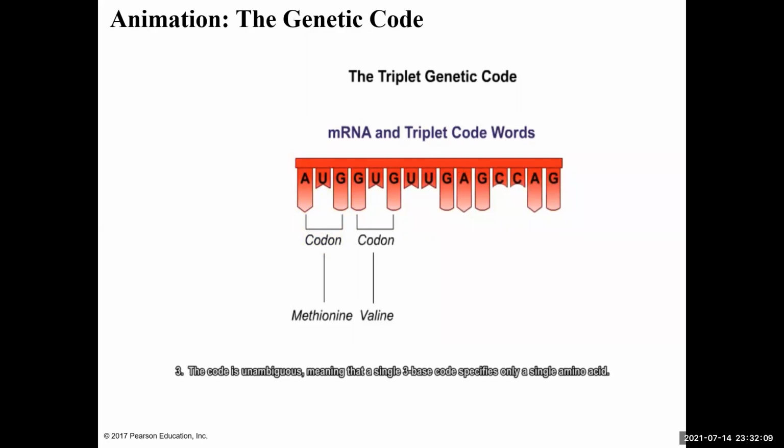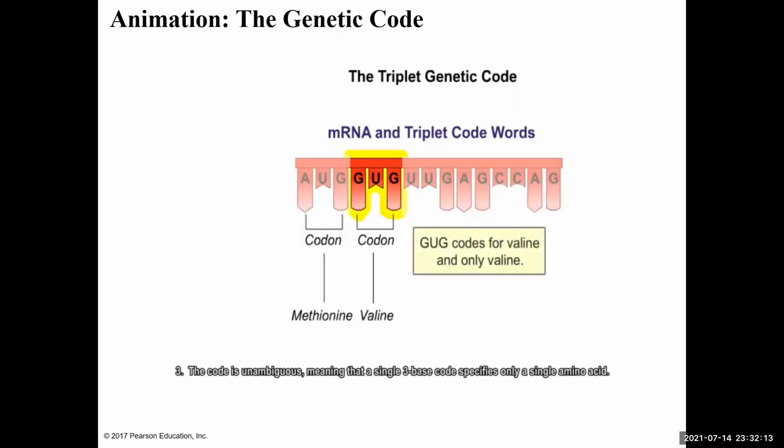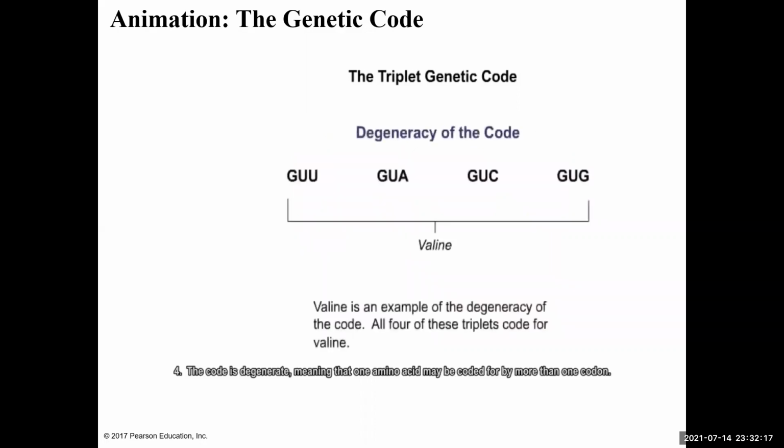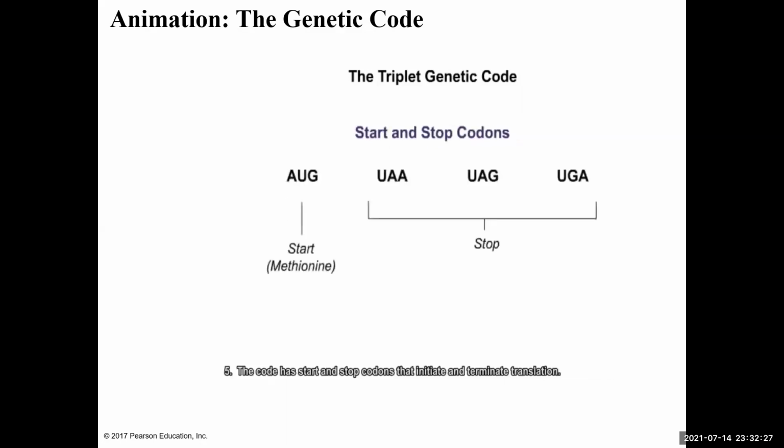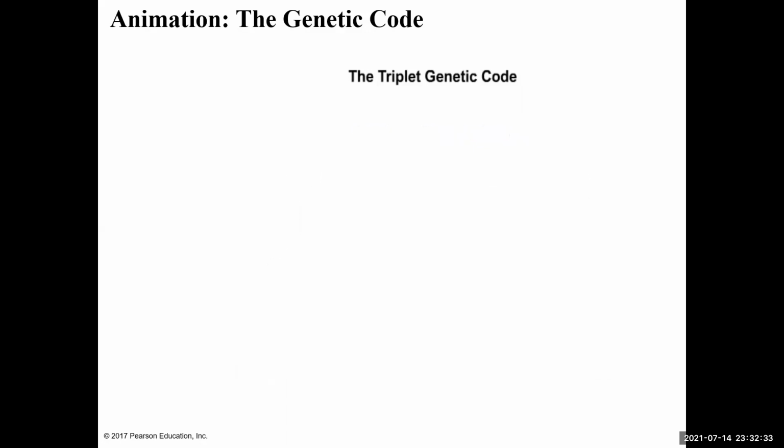The code is unambiguous, meaning that a single 3-base code specifies only a single amino acid. 4. The code is degenerate, meaning that one amino acid may be coded for by more than one codon. 5. The code has start and stop codons that initiate and terminate translation.